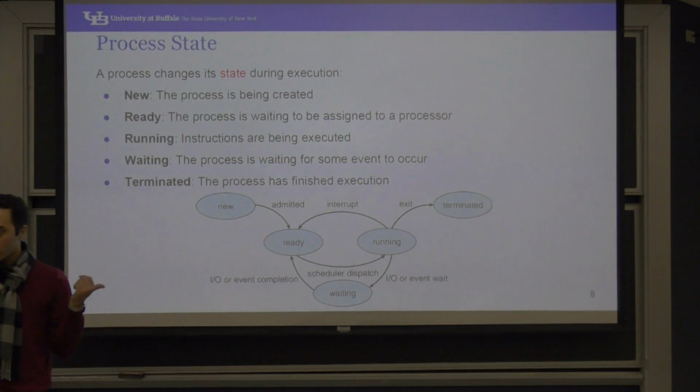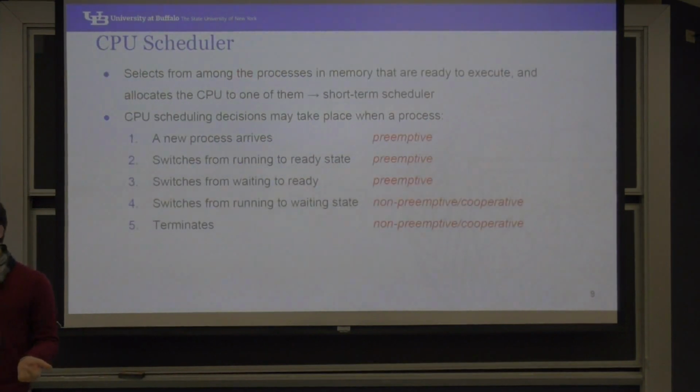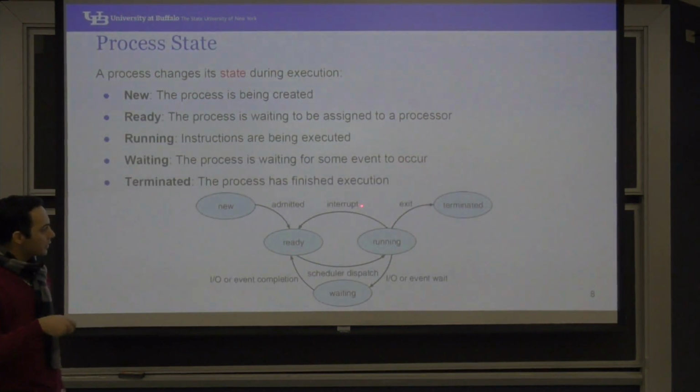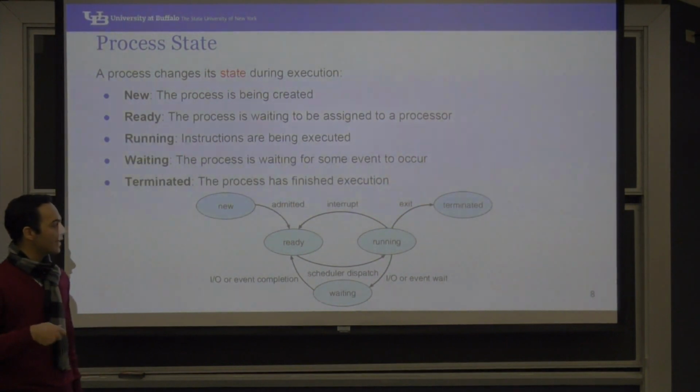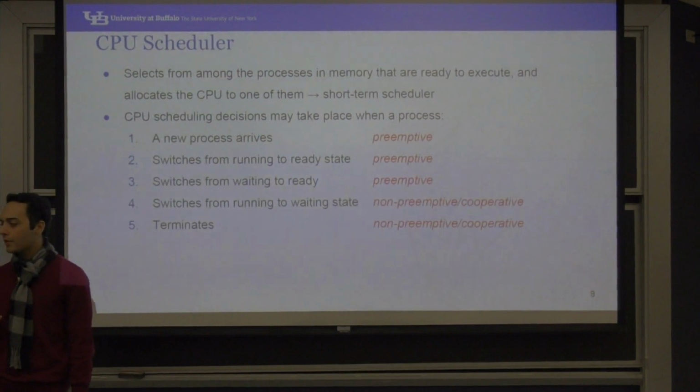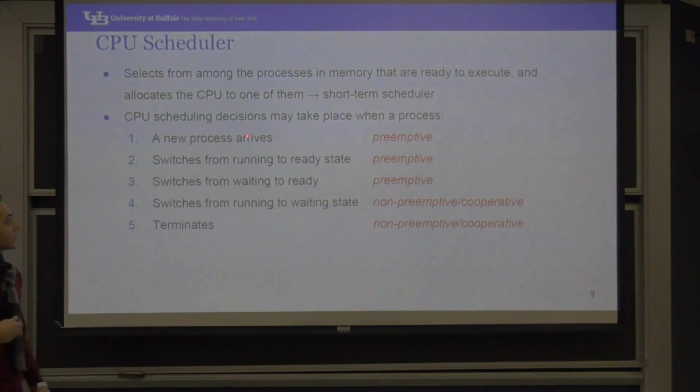All right. So what the CPU scheduler does is that each of these events or state changes might cause scheduling, right? The scheduling happens either when a new process arrives, or when it switches from running to ready, switches from waiting to ready, switches from running to waiting, or terminates.